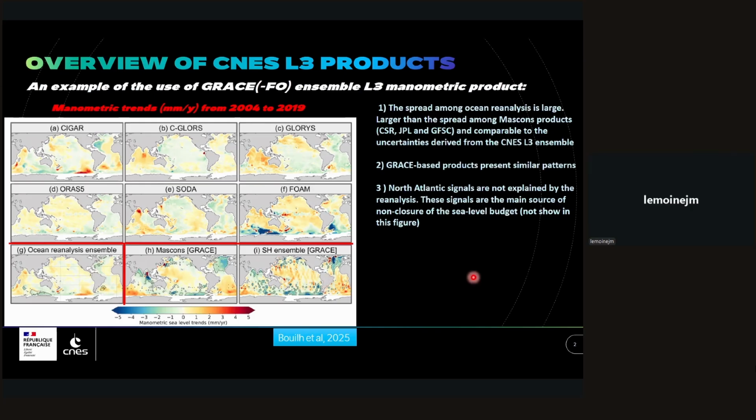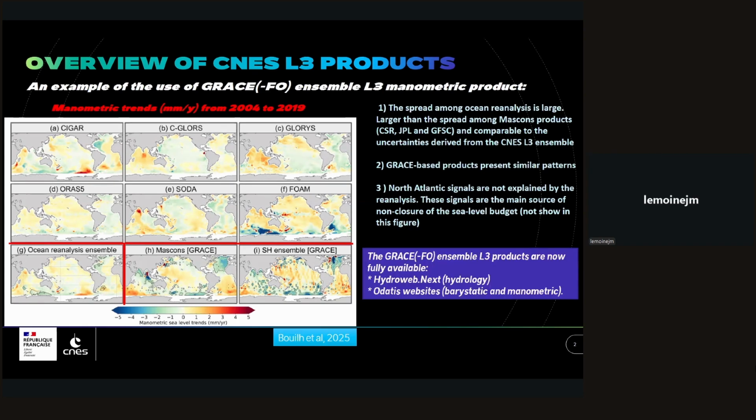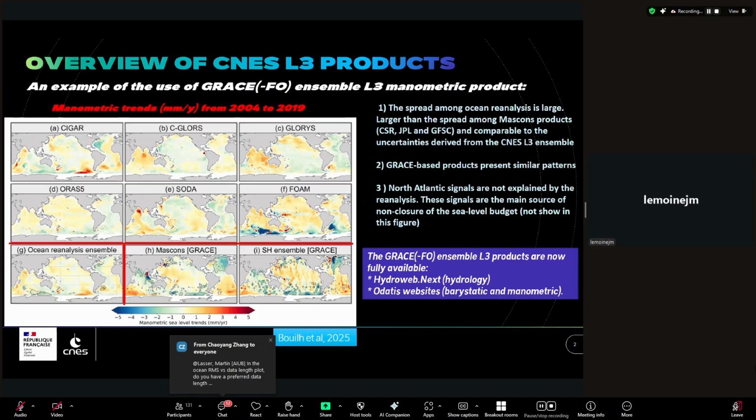And these signals are the main source of non-closure of the sea-level budget. These products can be downloaded from this site, and you will have more details from Alexandre Bouganemi's presentation in 12 minutes.